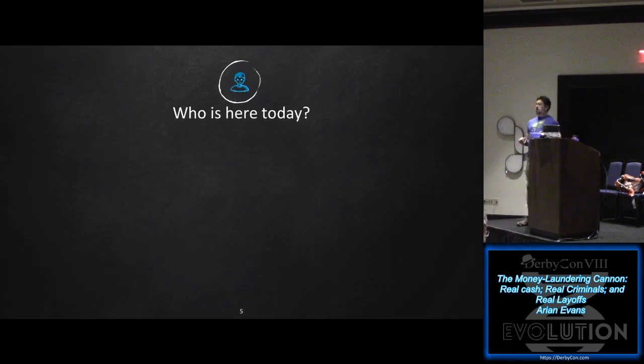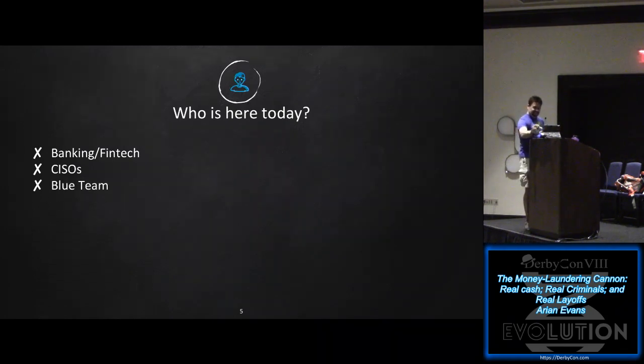All right, first thing off, I want to talk about you all before we get started to give us some context. How many people in the room are from the banking or fintech industry today? Oh, quite a few. Okay, this might be just a normal day in your life for you. This is pretty new for me. Do we have any CISOs in the room? Cool. Do we have any future CISOs, aspiring CISOs? Blue team. How many blue teamers?